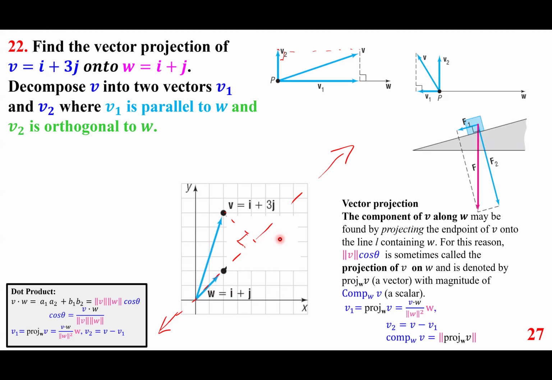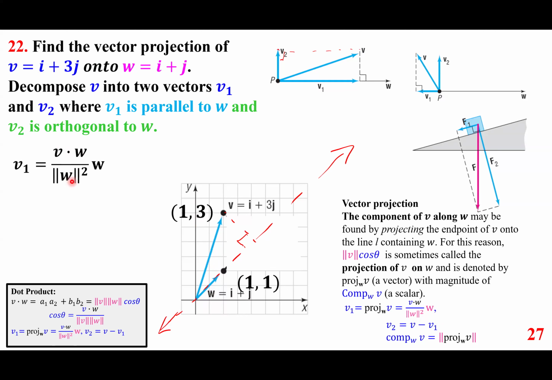So having said that, we are going to go with this formula. And this is 1, 3, by the way. This is 1, 1. Okay, very straightforward. So V dot W over the magnitude of W squared times W, that is V1. So what is V dot W? 1 times 1 plus 3 times 1.